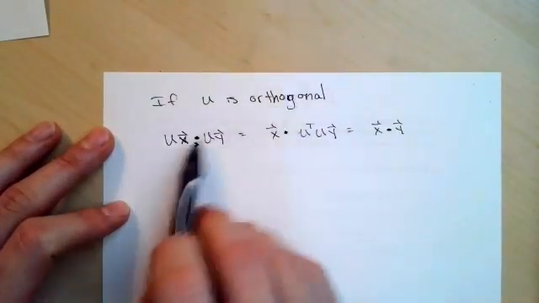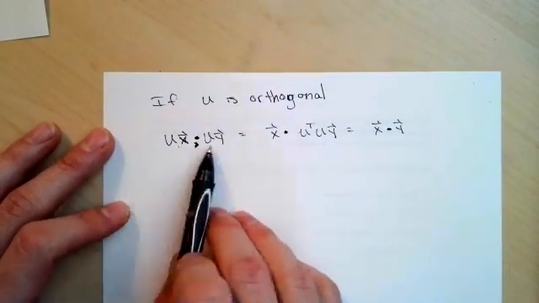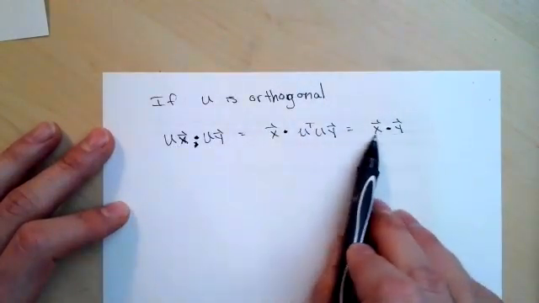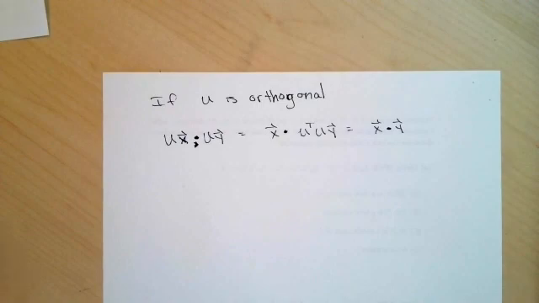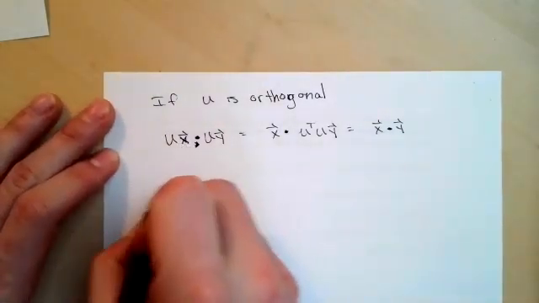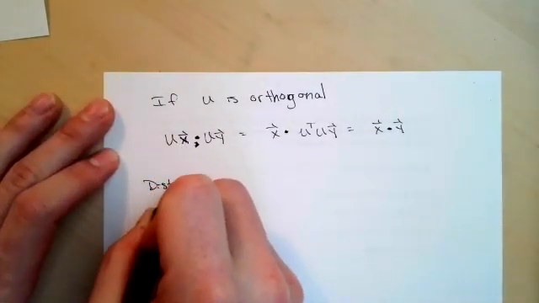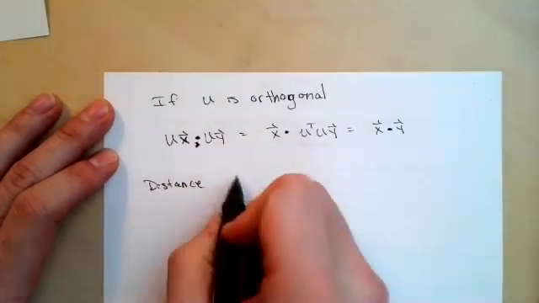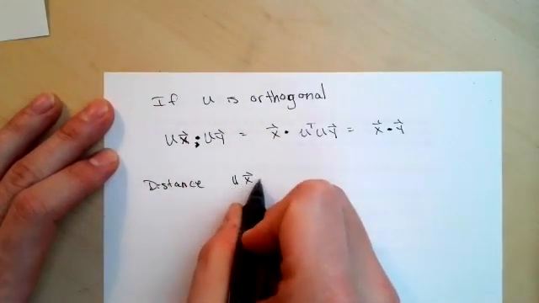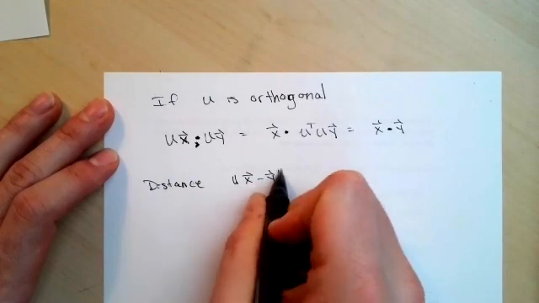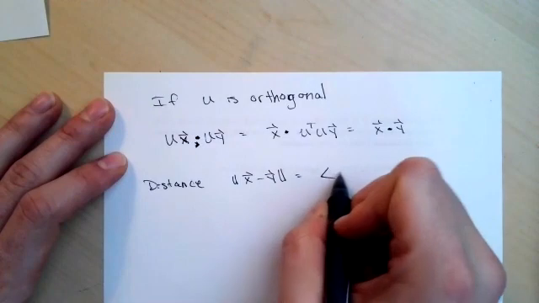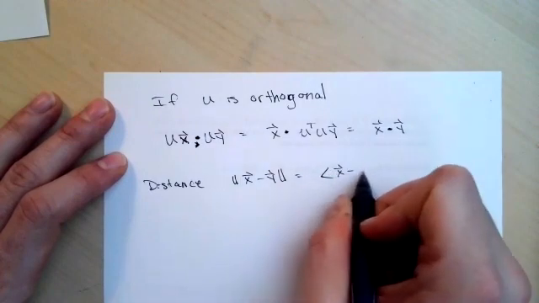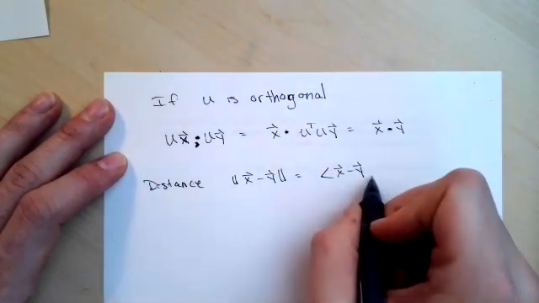So since orthogonal matrices preserve inner products, it didn't change the inner product of x and y. It's going to not only preserve the angles, but it will preserve the distances, right? What is the distance between x and y? It is just the length of the difference. I'm going to write the inner product with this angle bracket, which is a little more common for linear algebra.